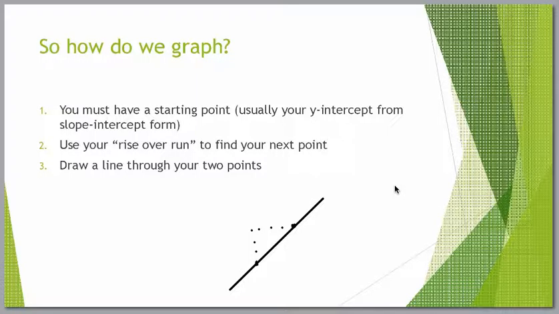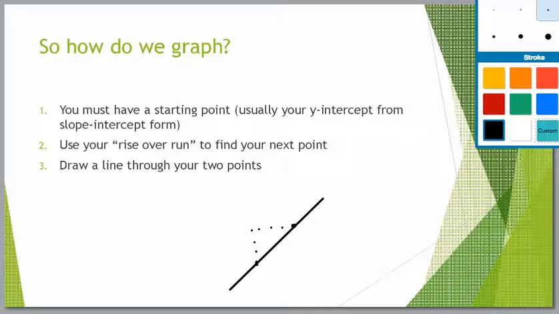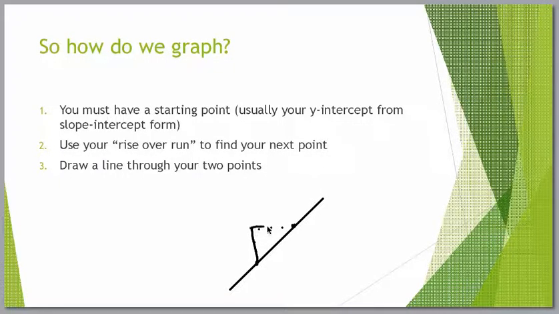And these rise over run dots are sometimes called a slope triangle. If we were to connect these, it would kind of look like a triangle. And that helps you at the beginning. That's a great way to visualize what's happening. But as you go along, you'll definitely want to just have your line visible.